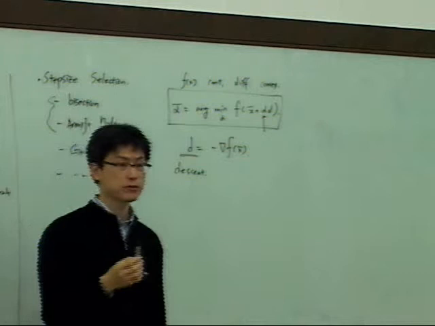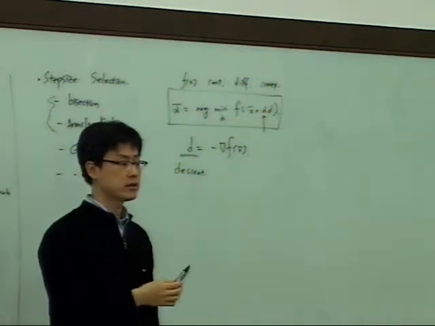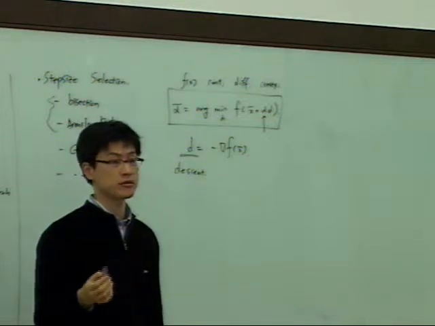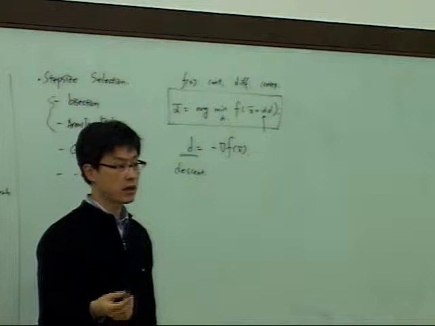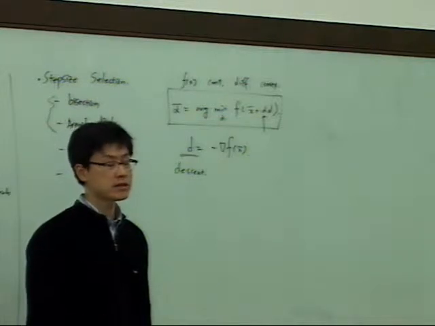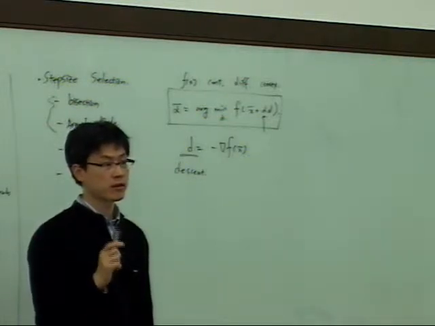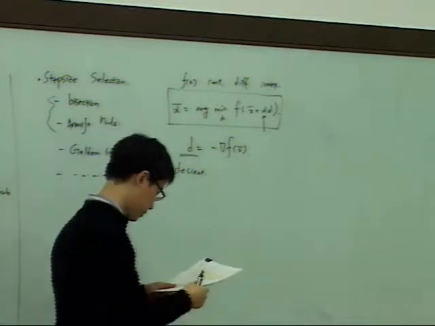You have to clearly distinguish the difference between a descent direction and the steepest descent direction. A descent direction is one where, if you follow that direction, the function will decrease. And among the many descent directions, there is one which is the steepest, the steepest descent direction. Okay?